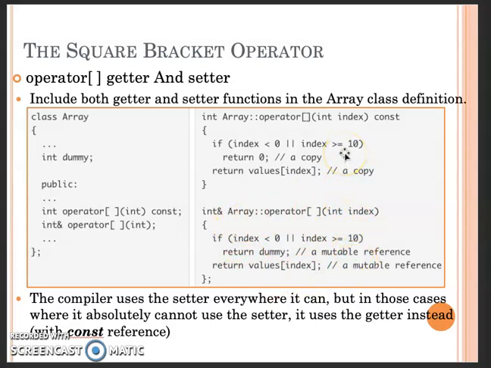The getter function actually is only used for the constant object. But this one I will talk about in Wednesday's recorded lecture, the next recorded lecture. But here just understand that you do need to have a setter function and a getter function. With the setter you return the reference, with the getter you return the copy.